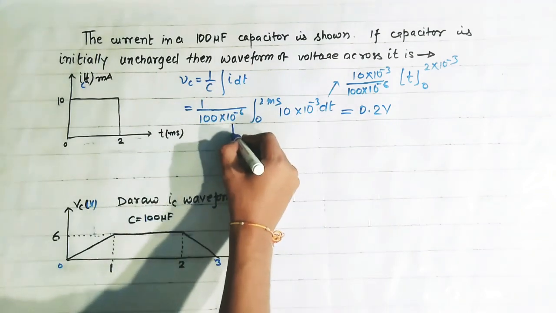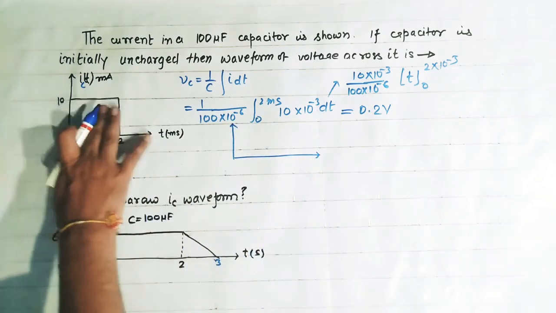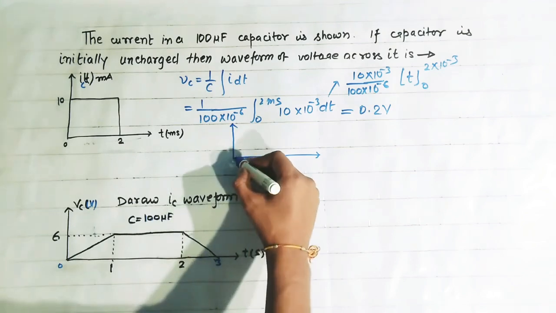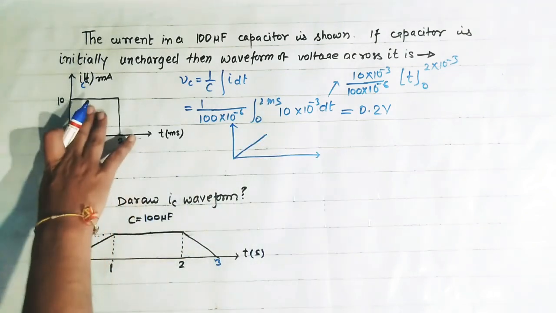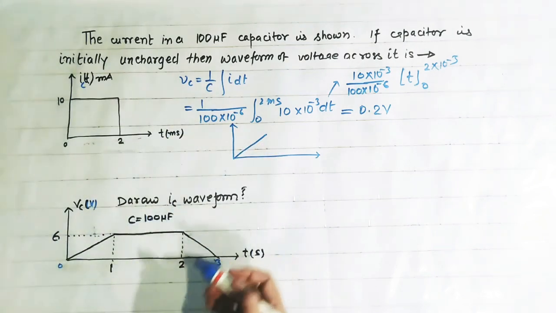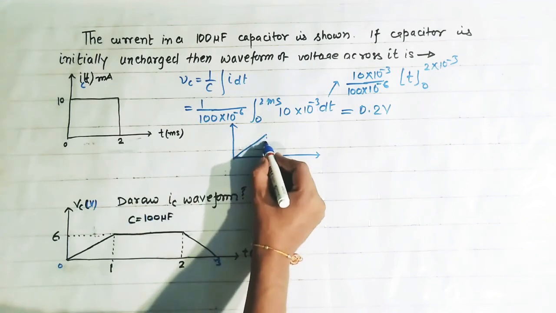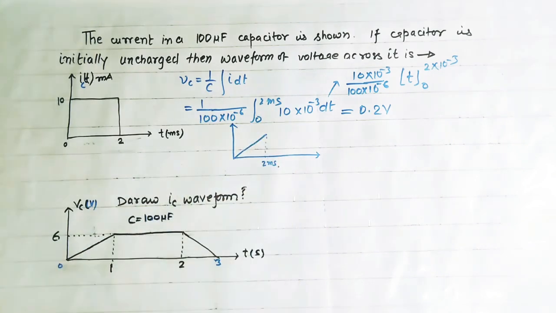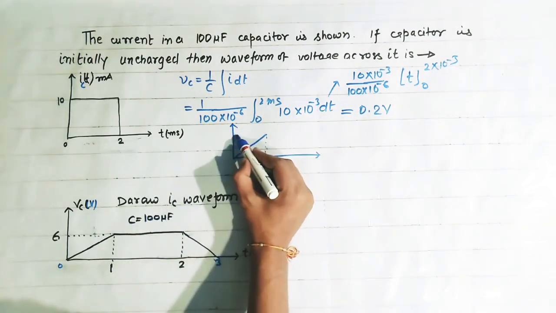So what is the waveform of capacitor voltage? See, this is constant. It means the capacitor voltage is a straight line function, because integration of this constant is a ramp function. So from 0 to 2 millisecond this ramp function exists and the final value of this function is equal to 0.2 volt.